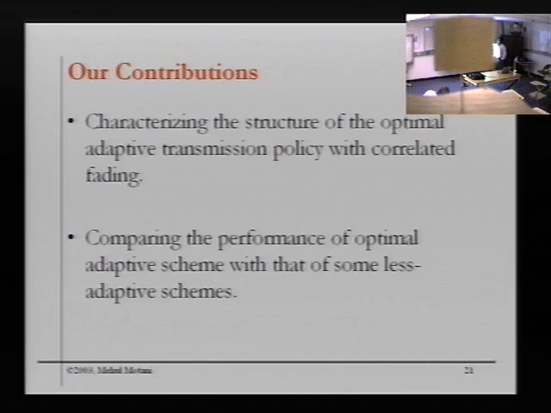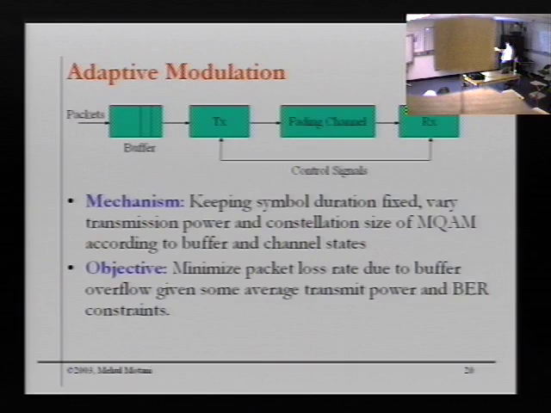We characterize the structure of the adaptive policy with correlated fading. On the previous page, I said we're adapting with MQAM. It turns out the characterization of the policy holds for a wide range of different types of power functions. This MQAM just determines what power I need to guarantee a certain quality of service, like bit error rate on the physical layer.